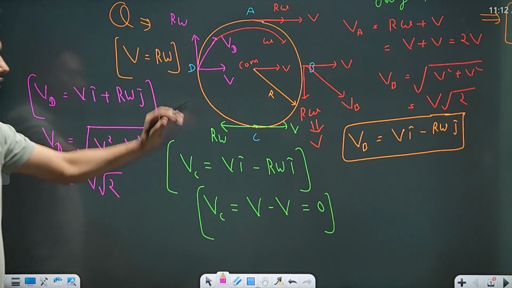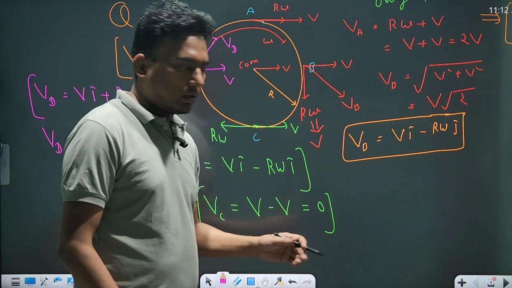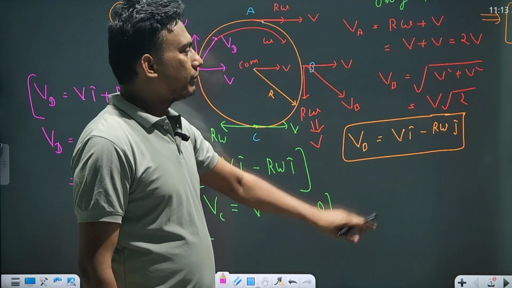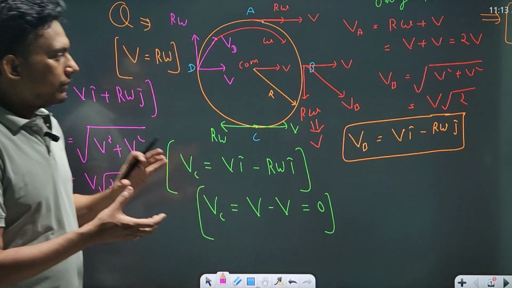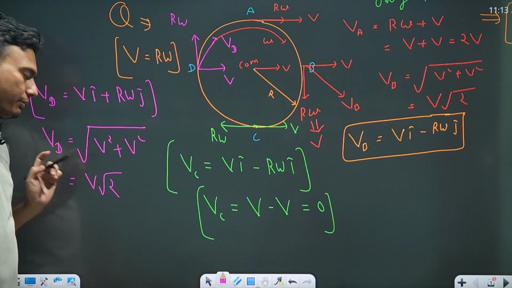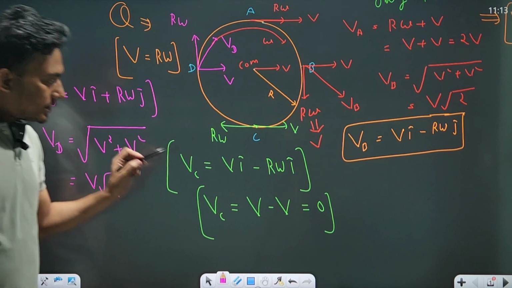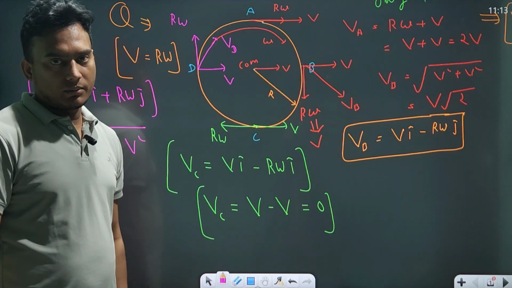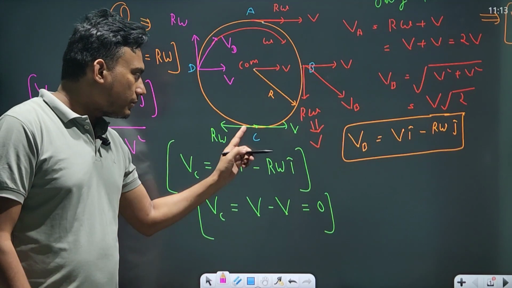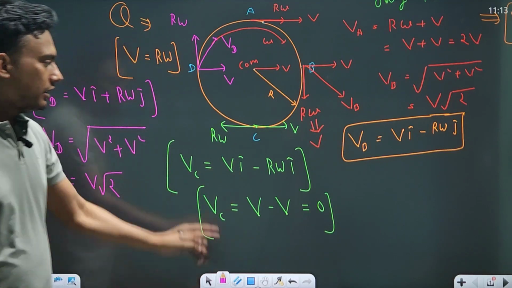By solving this question, and since the pure rolling condition is applicable, point A has net speed 2v, and points B and D have the same speed, root 2 v and root 2 v. Point C, because pure rolling is applicable, looks like a rest and the net speed will be 0.